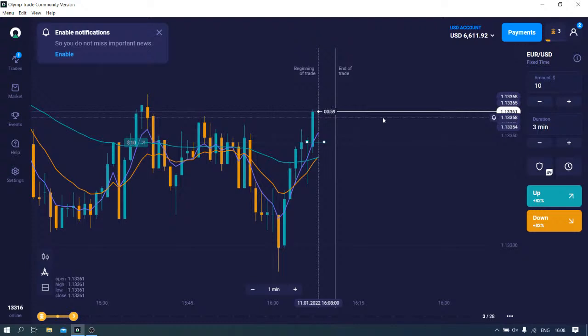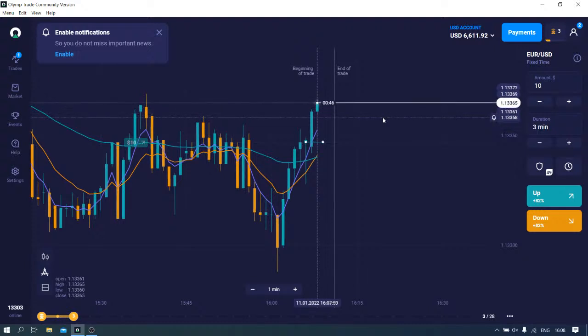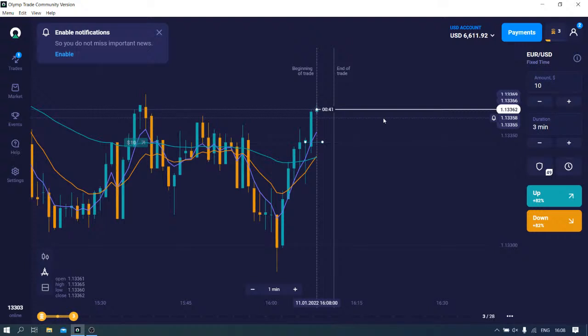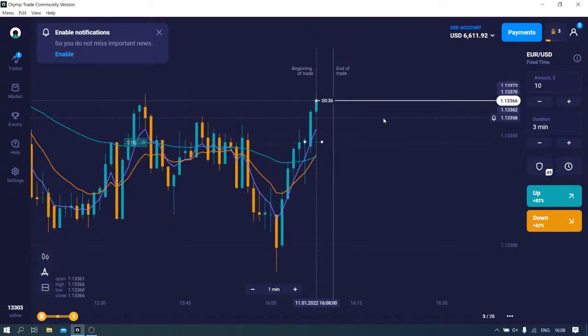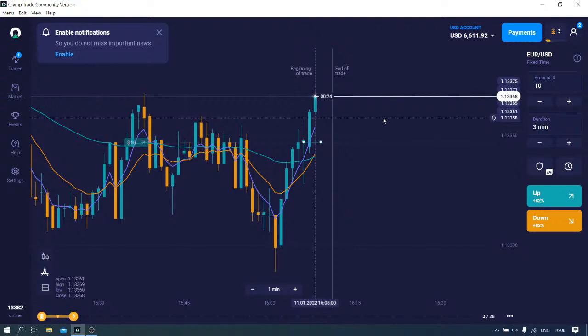Is Olymptrade legal in Canada? Well, dear traders, answering this common question, whether Olymptrade is legal in Canada, Pakistan, India, or any other country, you may simply proceed to olymptrade.com/terms, find the service agreement on the page, and see the list of countries where the company does not do business.